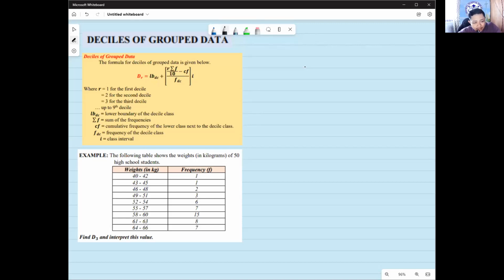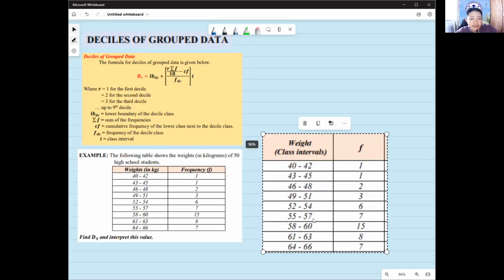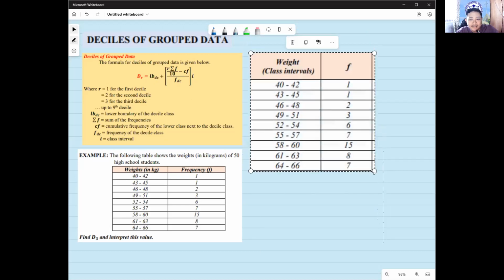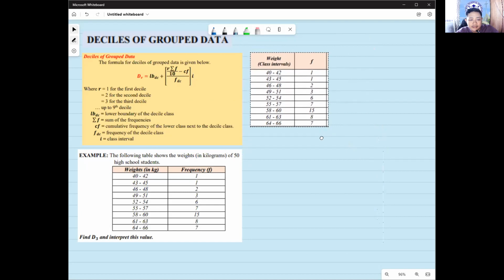So let's have this. These are the weights in kilograms of these learners. Okay? And so let's now have this. Let me just take this. Okay, para shortcut tayo, I will just be rewriting this like that.